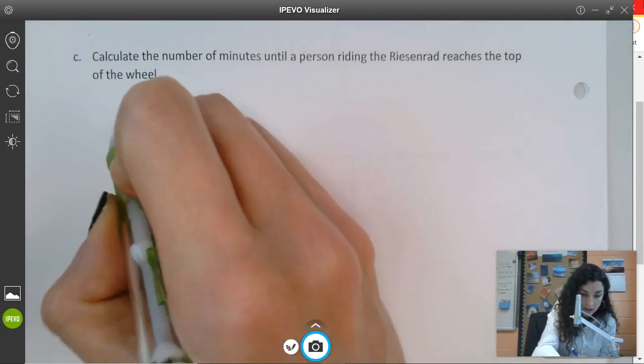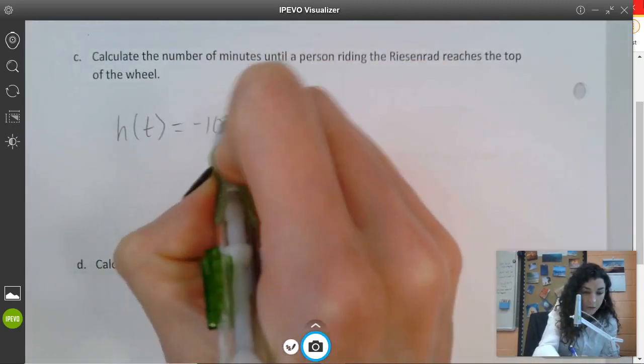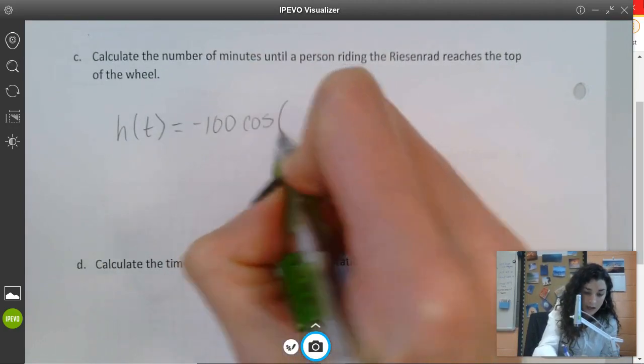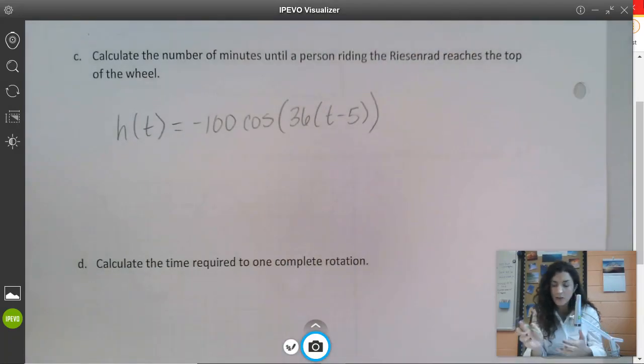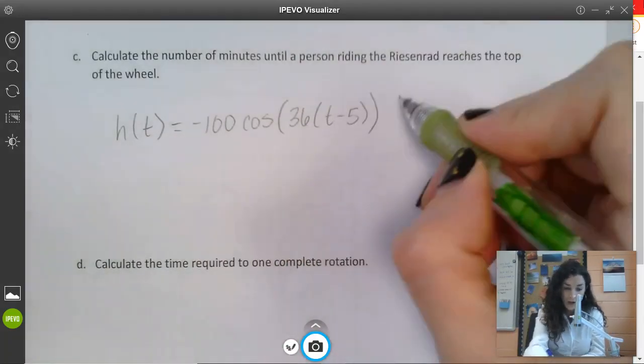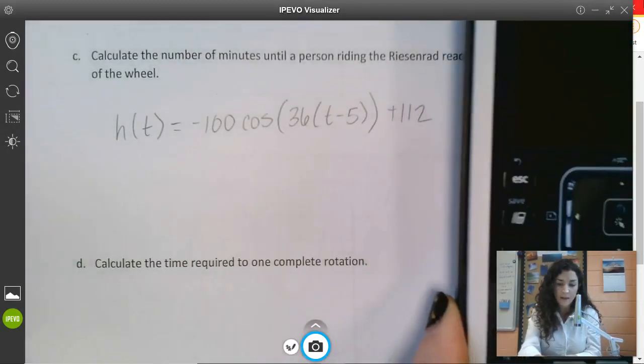So our equation is h of t equals negative 100 cosine of 36 times (t minus 5). Notice it doesn't look like our normal bt, and that's why they didn't have you solve for the inside. They gave you the part that was tricky.